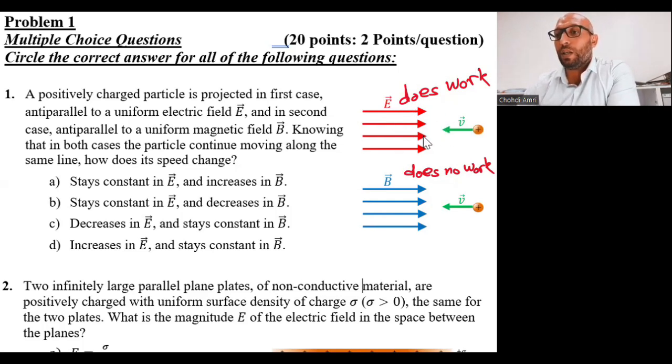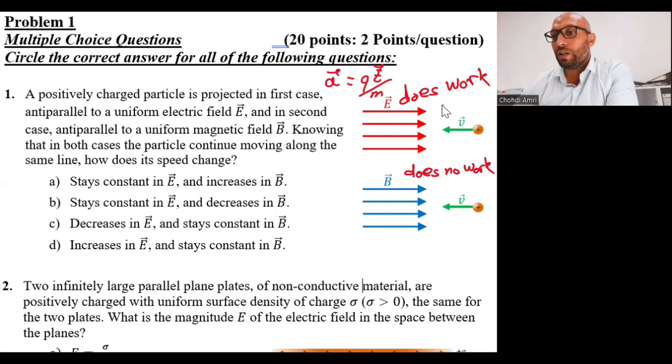In our case, it is anti-parallel. So that means our acceleration is in the same direction as the electric field, because as you know, the acceleration is qE over m. In our case, we have a proton, a positively charged particle, so the acceleration and the electric field are in the same direction.